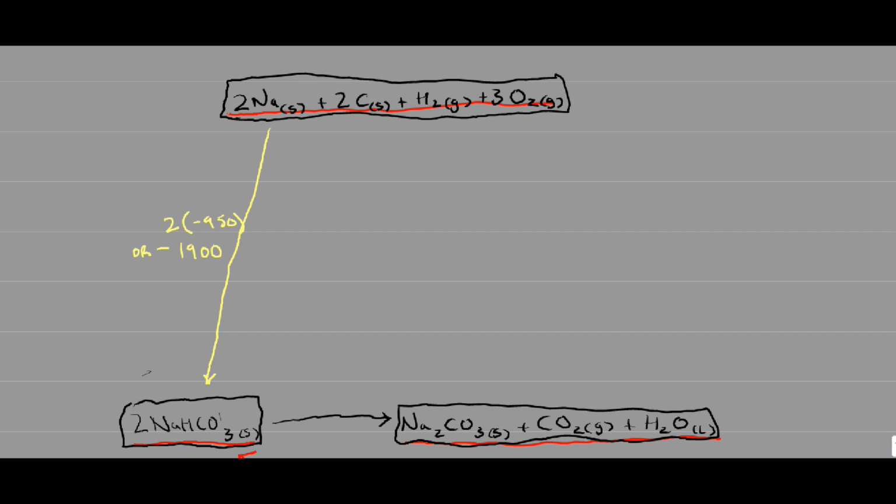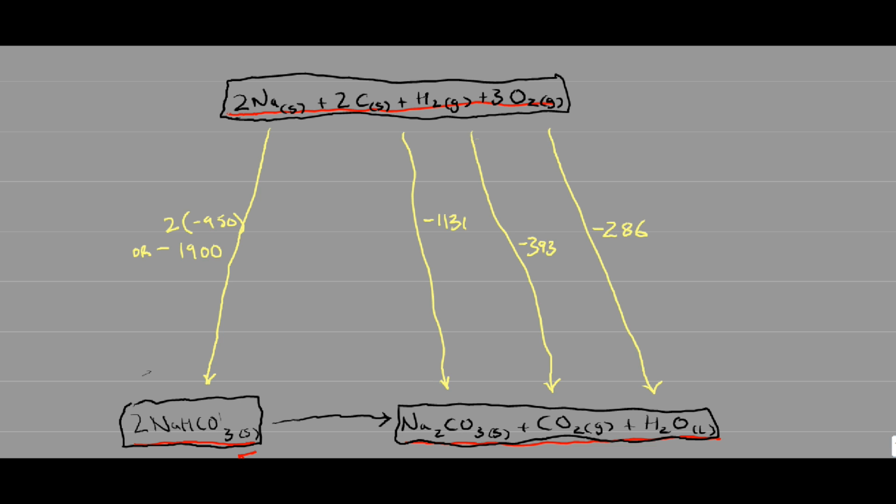Then to make sodium carbonate, value is minus 1131. To make carbon dioxide, value is minus 393. And finally, to make water, value is minus 286. And I'm going to call this one X.